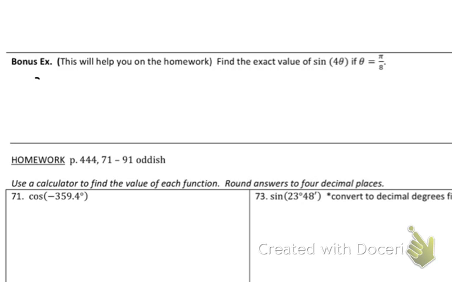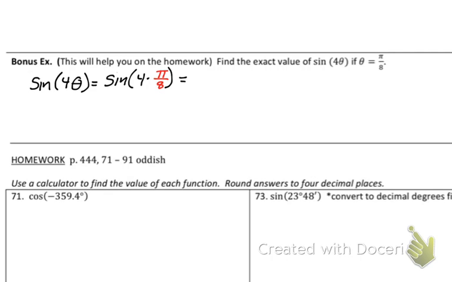So more mathematically looking, we're going to go sine of 4 theta. That's going to equal sine times 4, and since theta equals pi over 8, we're just going to put pi over 8 in theta's place.